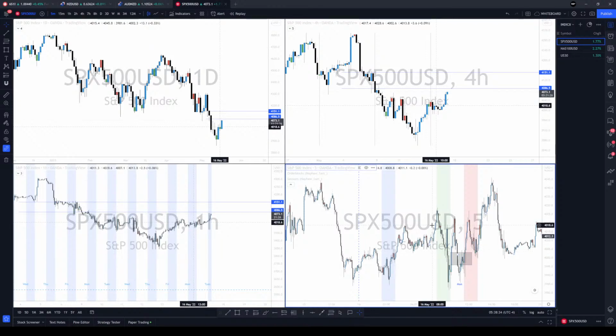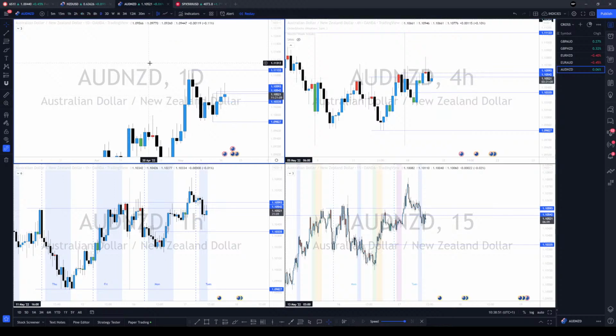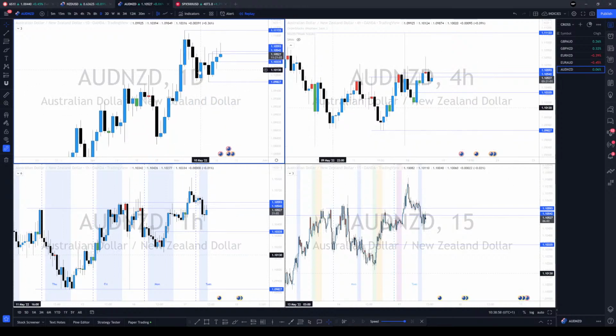So any question? For Aussie New Zealand, I still have a red daily candle marked on the 12th of May. You mean this?